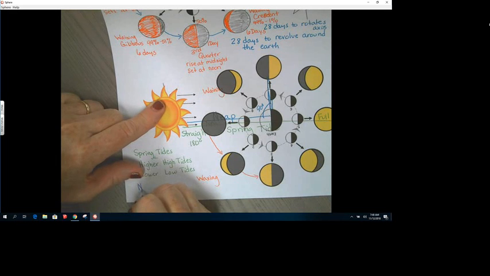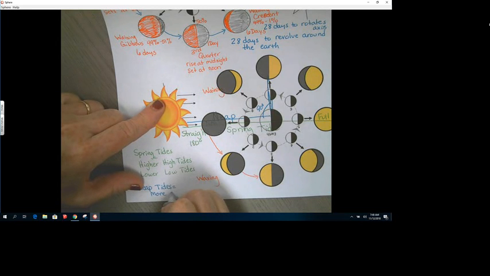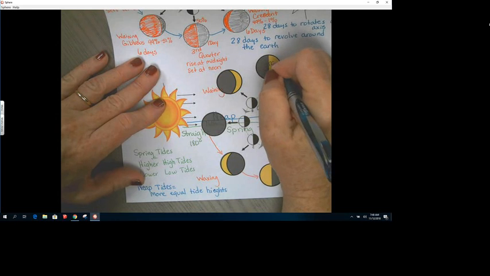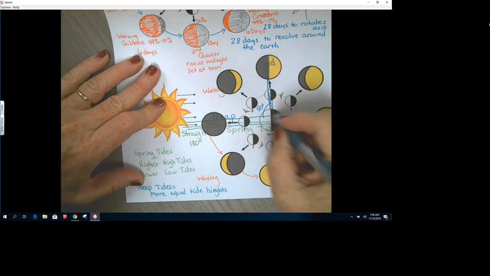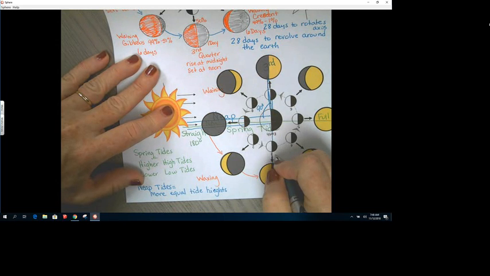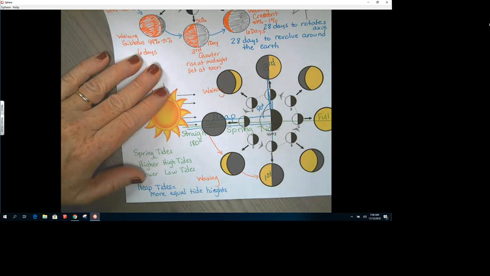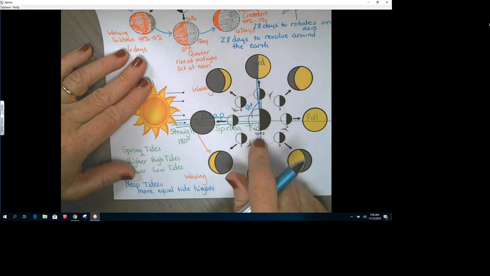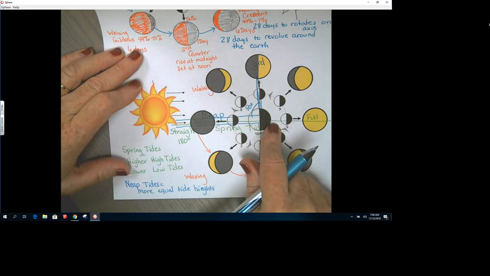So neap tides equals more even or equal tide heights. And we have this at our third quarter, and we have it at our first quarter. All right. So neap and 90, N and N, straight and spring, S and S.